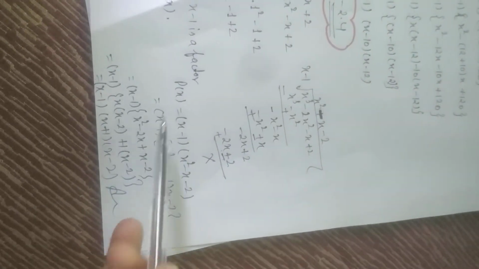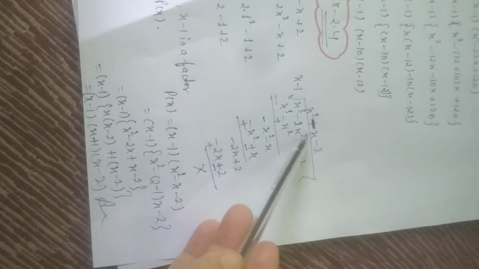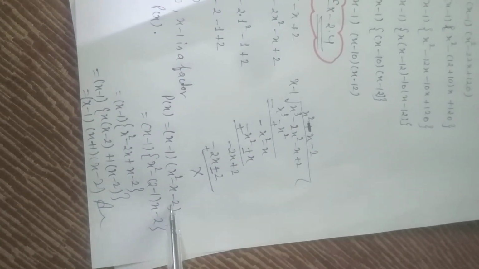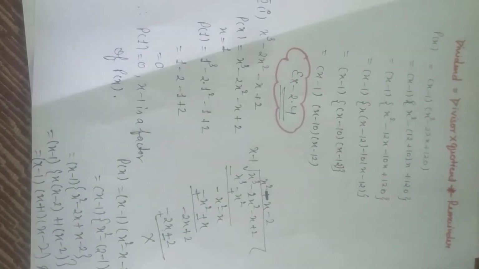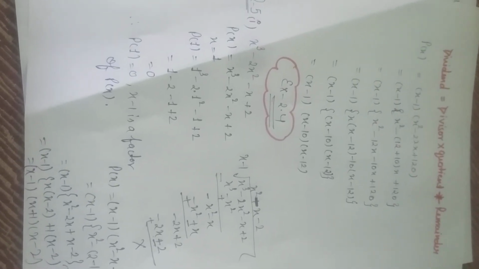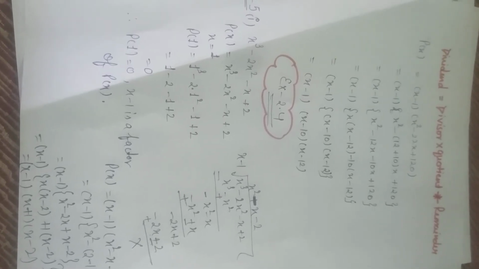So at last P(x) is divisor x minus 1 into quotient x square minus x minus 2. Then we will factorize x square minus x minus 2. Factorization you know that. Long division you know that. So that is your duty, that you will complete question number 5 and you will send me on my personal number. Okay?